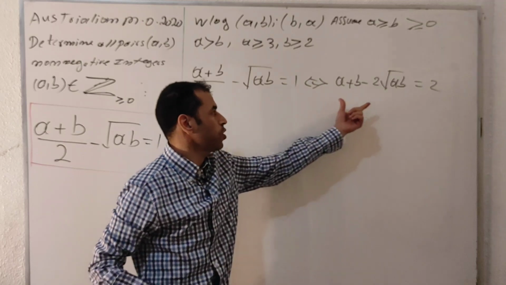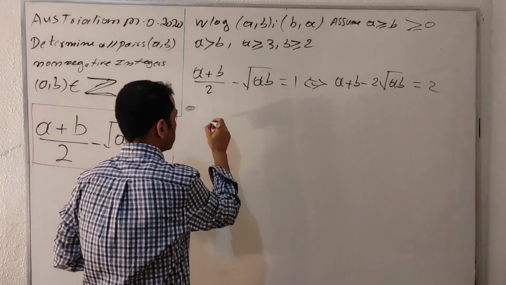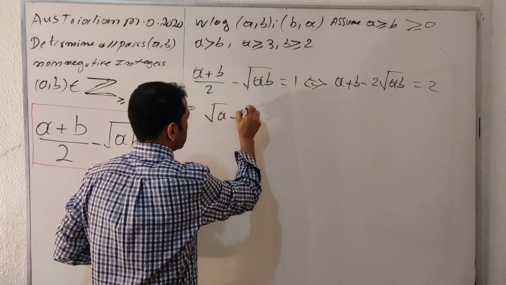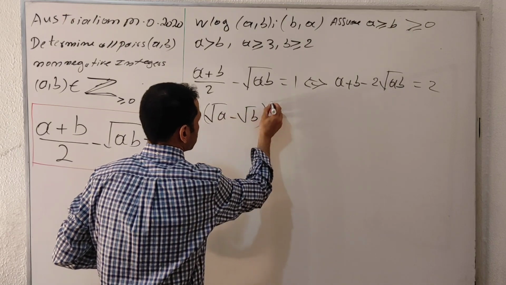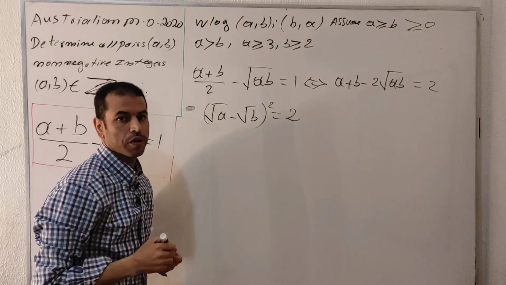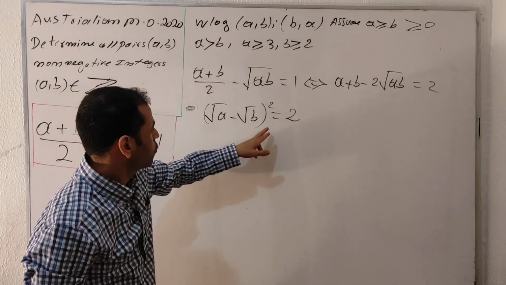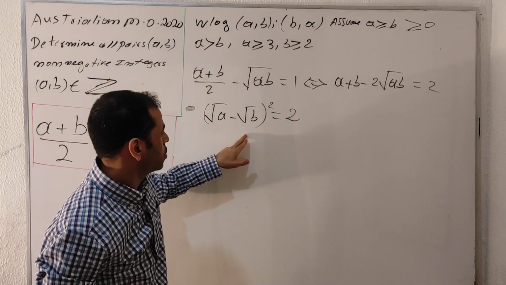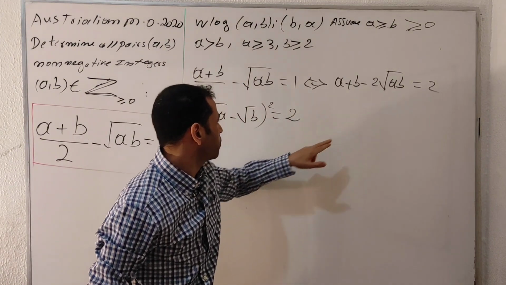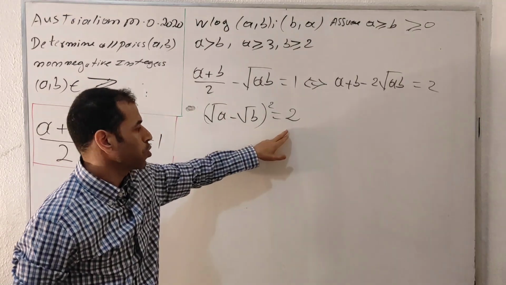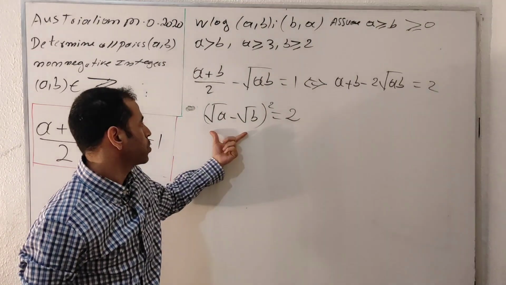If you take a look carefully at this expression, this is the same as (square root of A minus square root of B) squared equals 2, okay? So if you expand this, it takes us back to this one, okay?